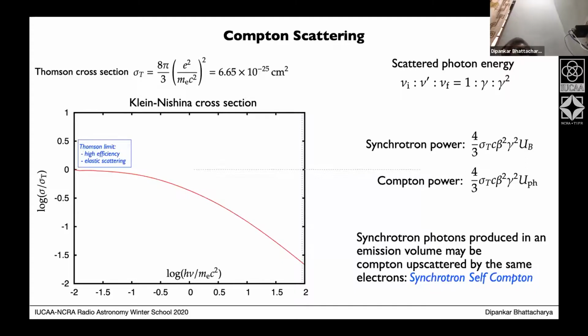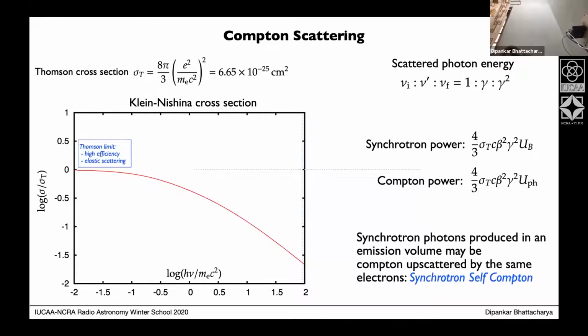Then what we will see is the ambient radiation field is now Doppler shifted, because we have moved to a frame which is moving with high speed, and its frequency as seen by the electron is now boosted by the Lorentz factor. So let's take nu_i as the initial frequency of the photon as seen in the lab frame.